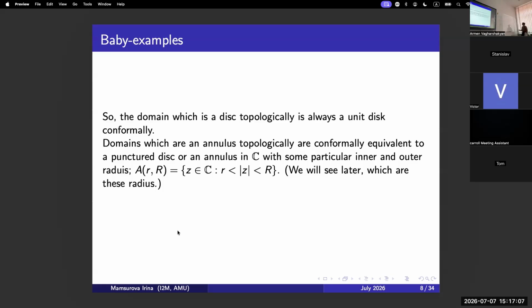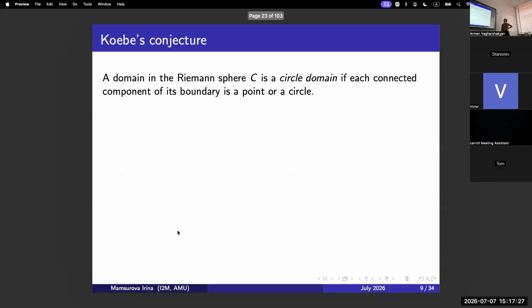So it seems that boundaries everywhere are circles or points, and it motivates the following conjecture of Hilbert. Firstly, I will say what a circle domain is in the complex plane or Riemann sphere. It's just a domain such that the boundary consists of points or circles disjoint between them.